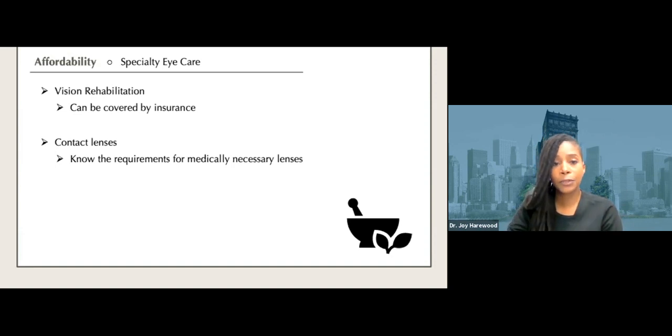For example, certain insurance companies will cover soft lenses for your patient if you have greater than 8 diopters of ametropia, whether it's myopia or hyperopia. If you have more than 3 diopters of anisometropia, certain insurances will also cover lenses for your patients.